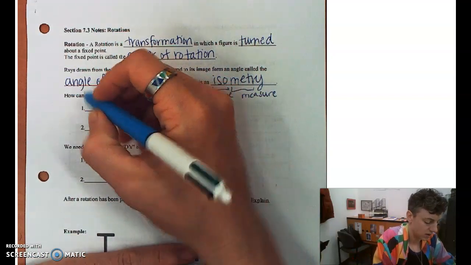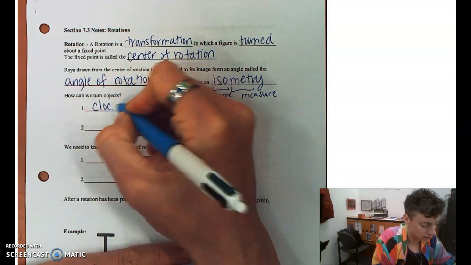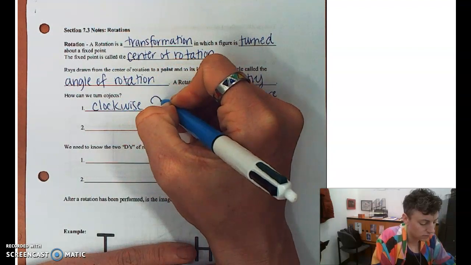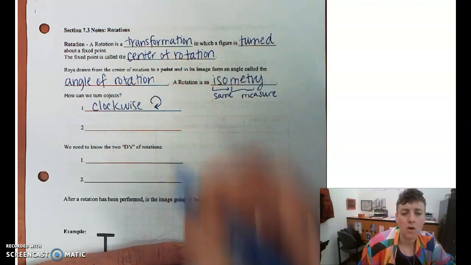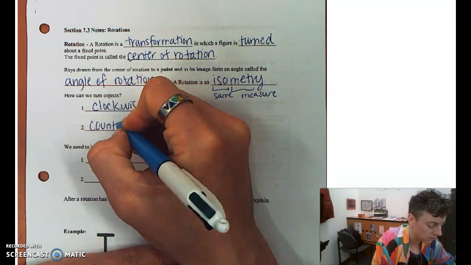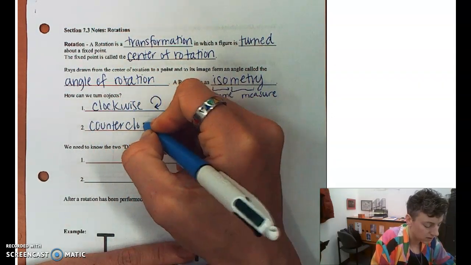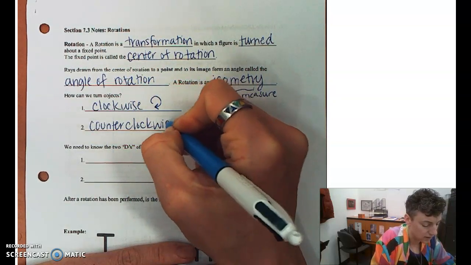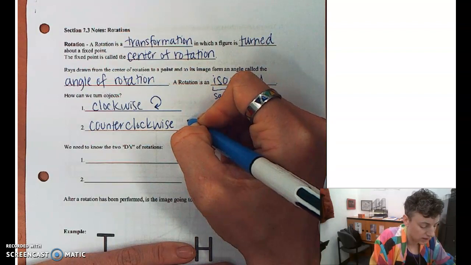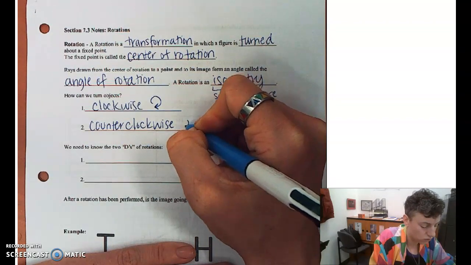So we can do clockwise, which would be like this. Or we could do counterclockwise, not like a clock, which would be the other way. I can't even draw it because it's so weird.